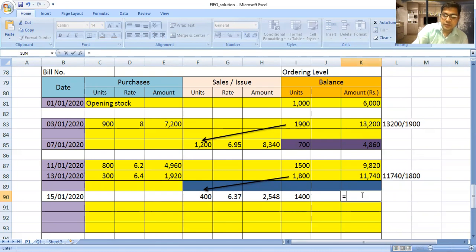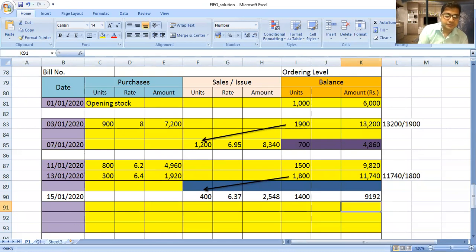From this 11,740 value in rupees, we have to deduct the sold value, that is 2548. The remaining value is 9192. That is the closing balance of our material X on 15th January 2020.